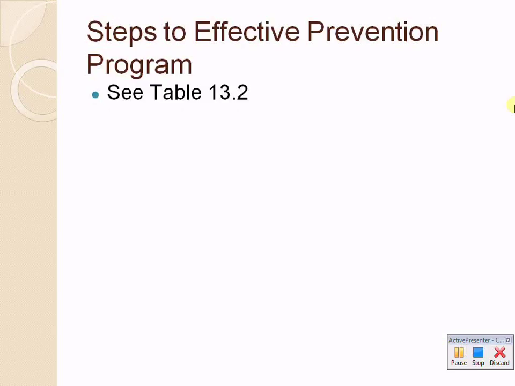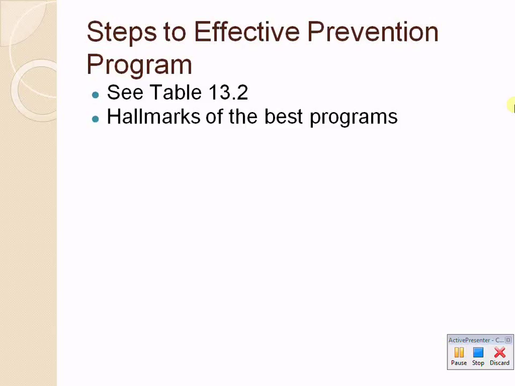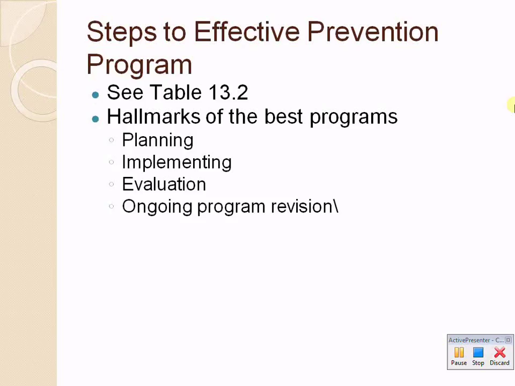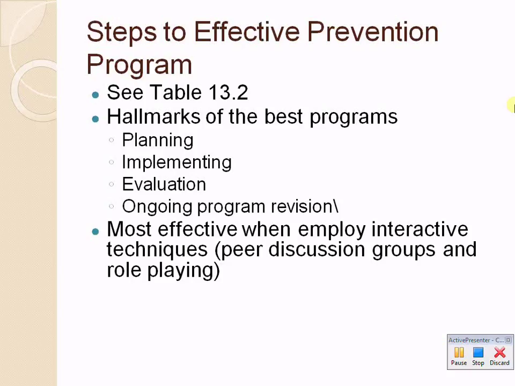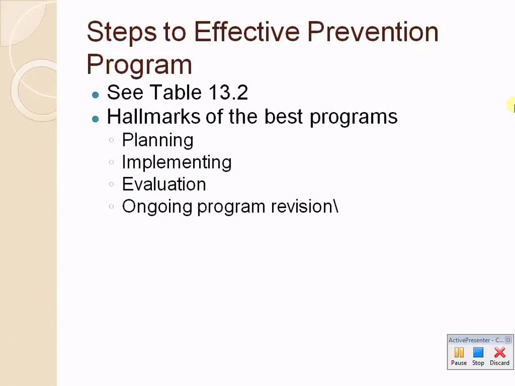So what are some of the steps to an effective prevention program? Hallmarks of the best programs: planning, implementing, evaluation, ongoing program revision. Those are key when we're talking about the programs that have the best success, the best outcome. Incorporate these four things.